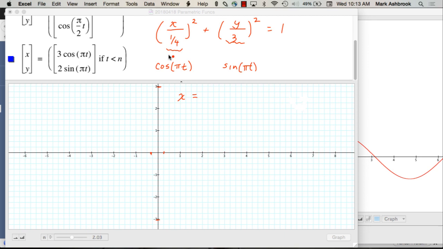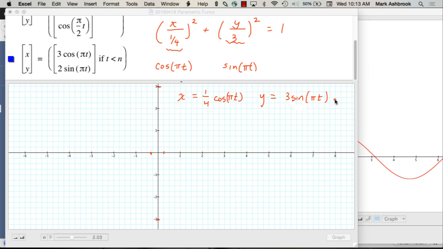So x would equal 1/4 cosine pi t. Do you see it? And if y over 3 is equal to sine pi t, then y equals? Okay. Did I lose you, or does this make sense?